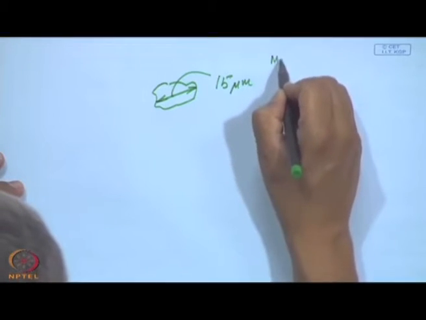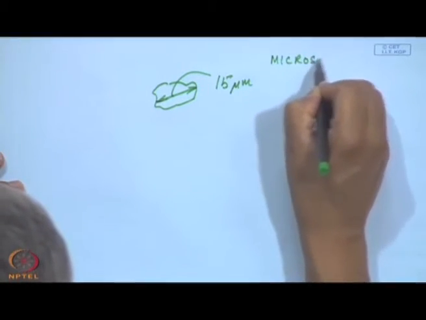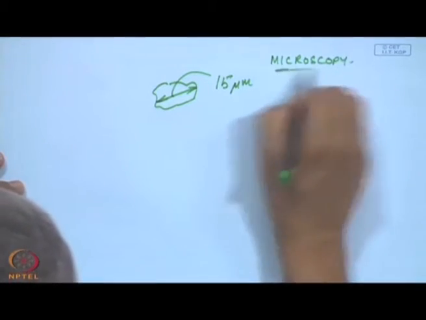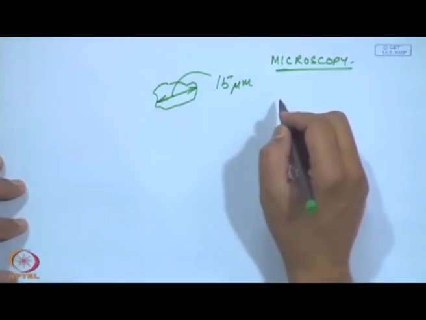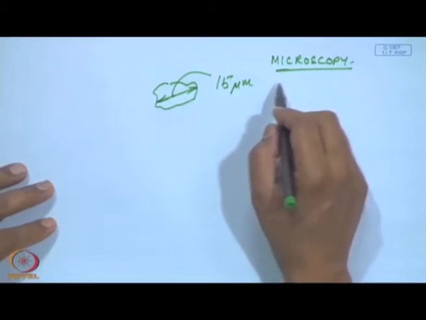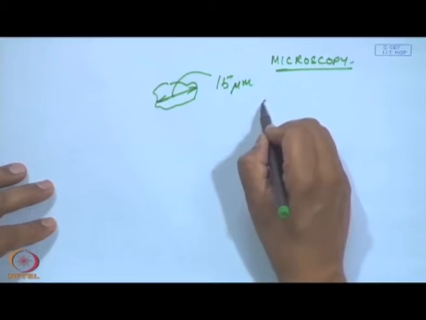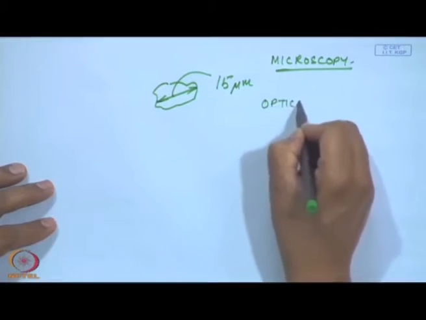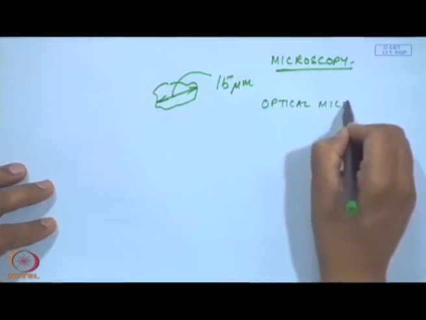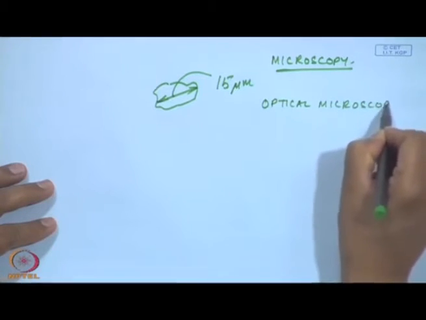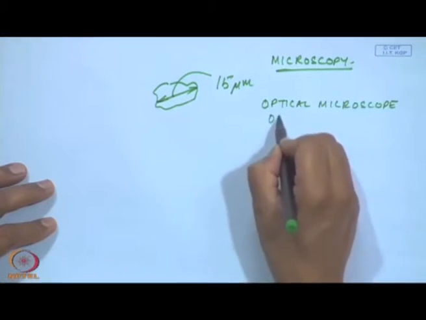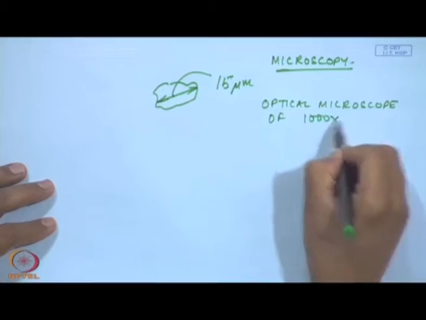This has to be only seen through microscopes. Normally, usually we use an optical microscope of about 1000 magnification.